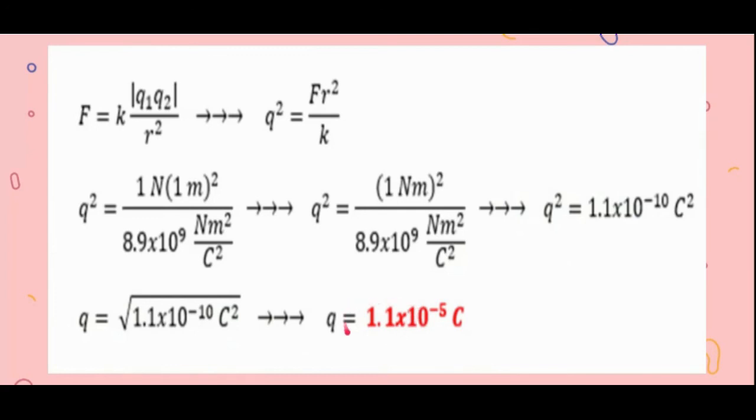So that's the magnitude of our electric charge. Hence, we can recheck this one: if we substitute 1.1 with Q, that will give us 1 Newton along the way.